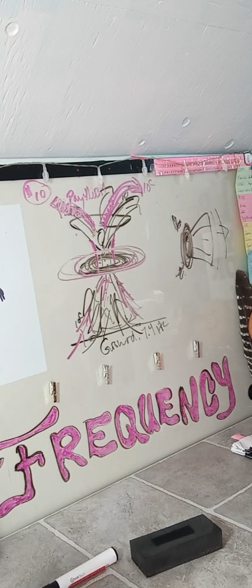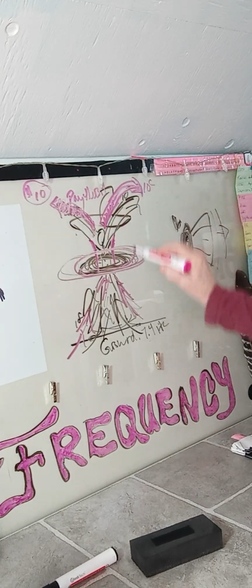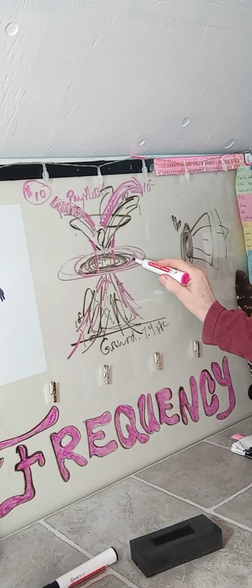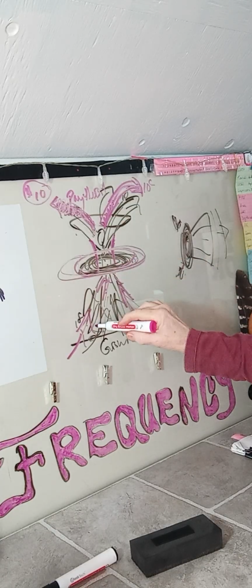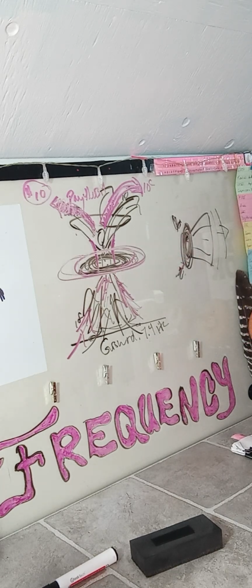And in that love and forgiving, you make your electromagnetic larger so it can handle more incoming. And it will. Frequency automatically fills the space.